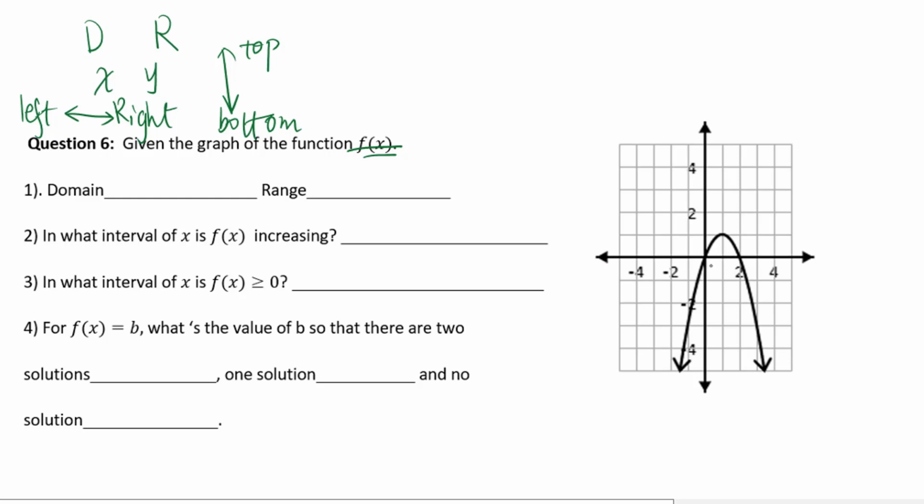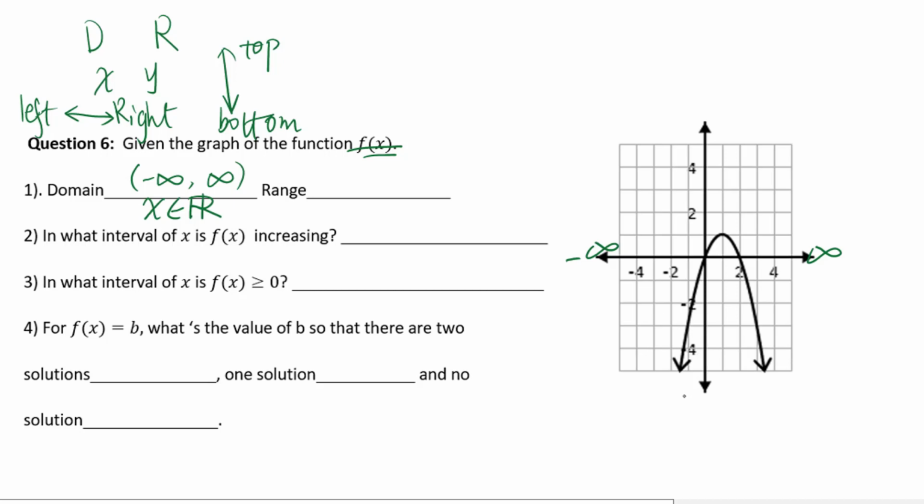So for the graph given, we know this is negative infinity, positive infinity. For domain x, since there is no ending point on the left side and no ending point on the right side, it's all real numbers. You can write down x belongs to all real numbers.